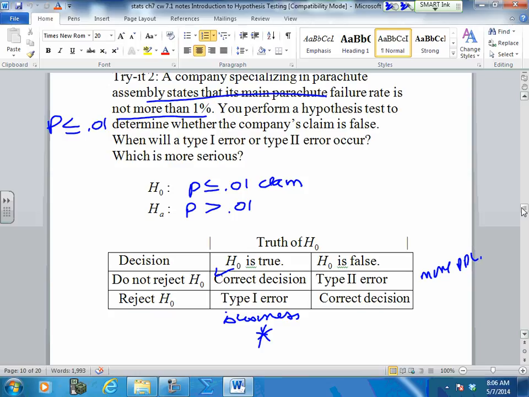So which one would you say is more harmful? Lying. The people. You don't want to hurt the people. So these are the types of errors, guys, that arise from you making a decision based on your sample.